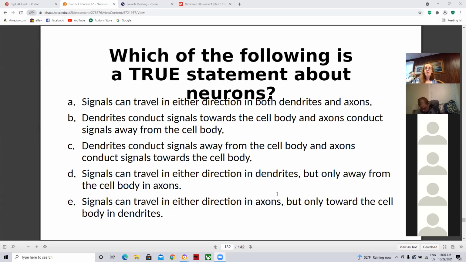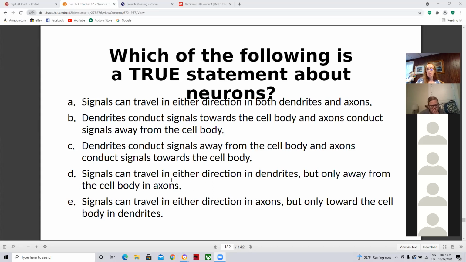Which of the following is a true statement about neurons? D. So let's get traveling.